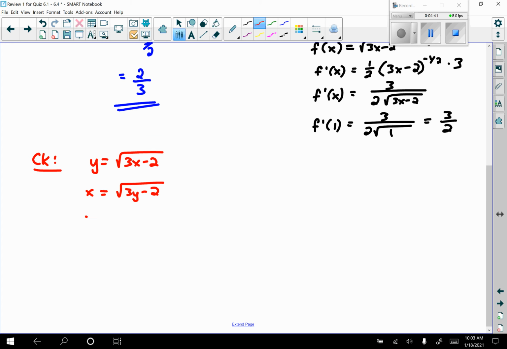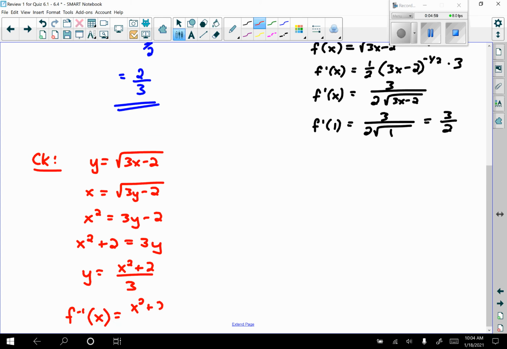So I'm going to square both sides. So x squared is going to equal 3y minus 2. Add 2. Divide by 3. So y is going to equal x squared plus 2 over 3. So my inverse function.